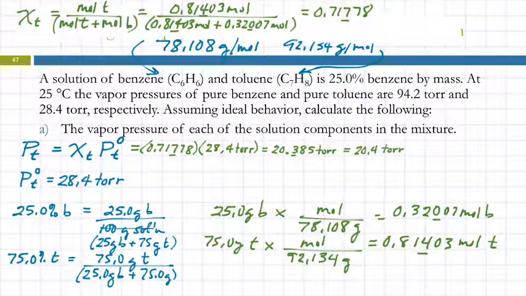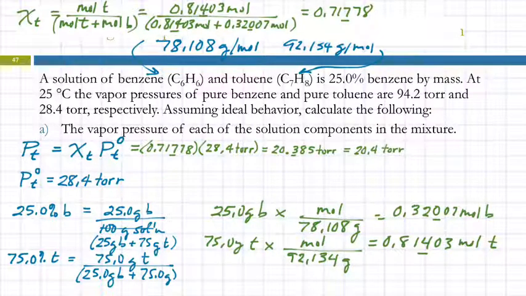That would be true for a solution like sodium chloride in water. The sodium chloride doesn't contribute any vapor pressure because it doesn't really have one. Putting it in there will mess up the evaporation of the water and lower the vapor pressure, but it's not going to contribute.